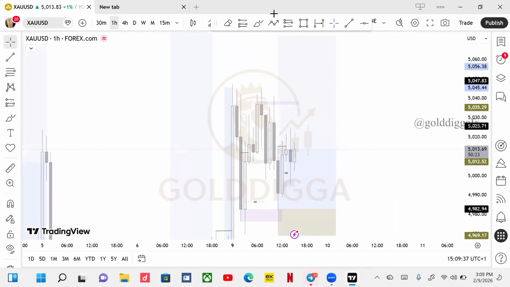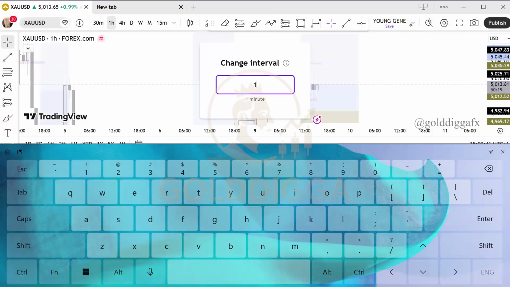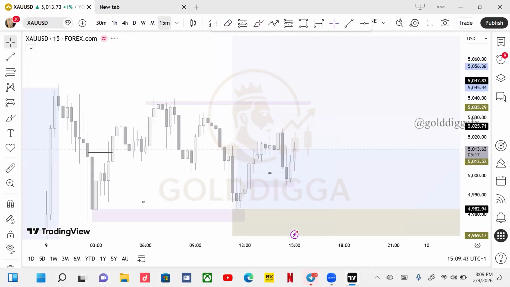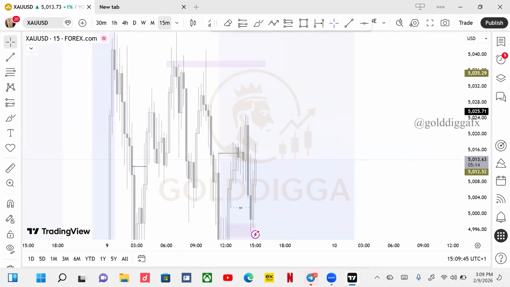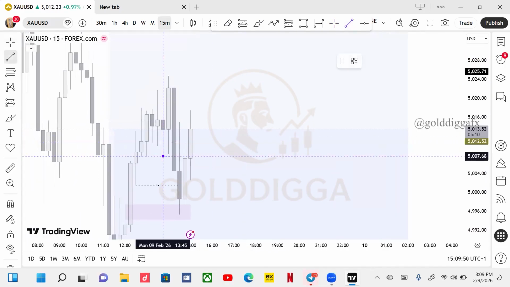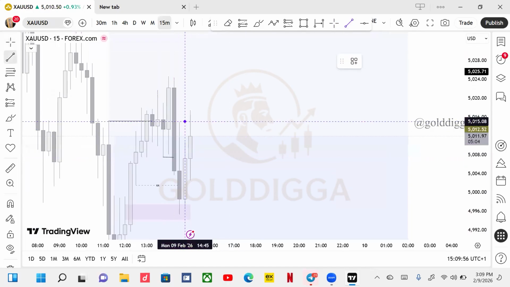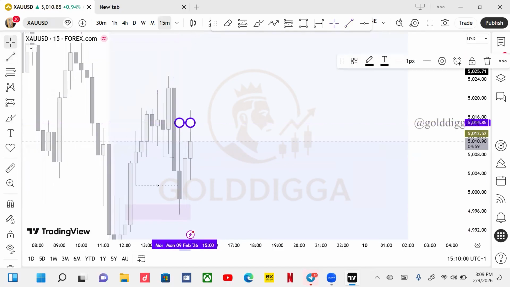So gold is moving nice from the second entry. Though I didn't take a second entry, gold is moving nice from that. So if you are already in a sell with the illusion of this being your break of structure and then this being your liquidity, if you're selling with this illusion, please get out of that sell.